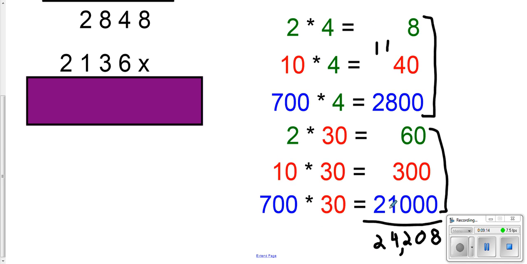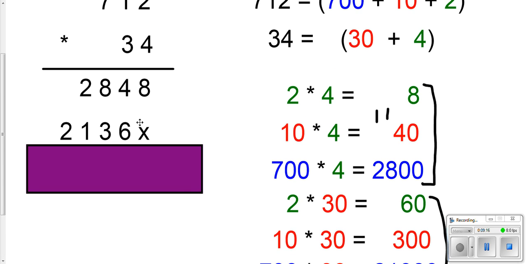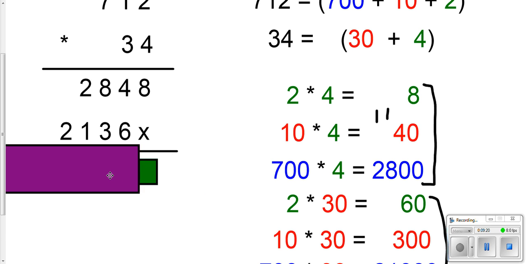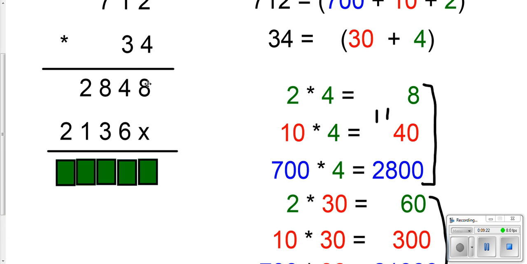Now, just like we did over here, we're simply just going to add all these pieces together. 8 and nothing. Oops, I guess I can just get rid of all that. 8 plus the nothing leaves an 8. 4 plus 6 makes a 10, so we have to carry our 1 right here. 1 plus 8 is 9, plus 3 makes a 12.